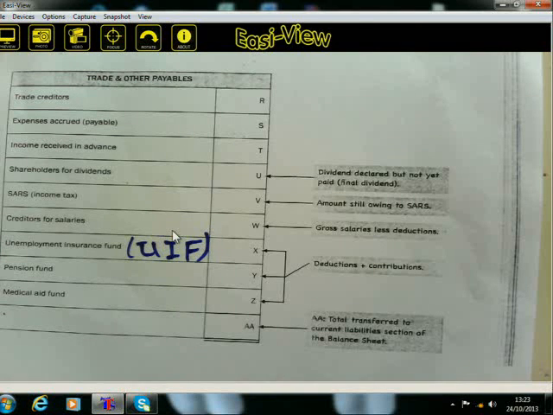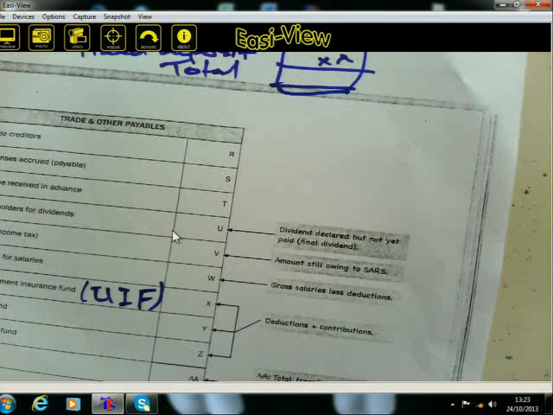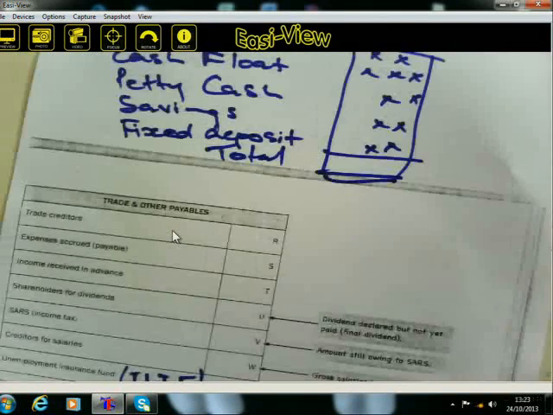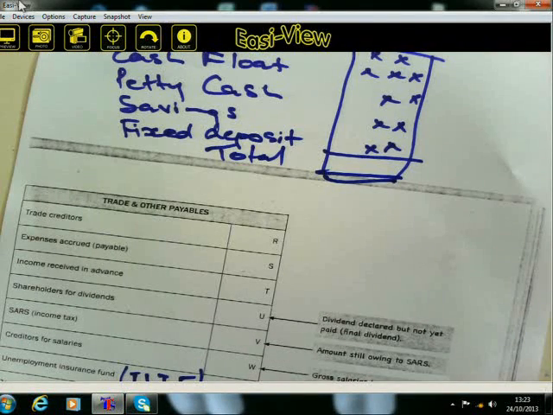I would like us to do an activity so that we put whatever I've said into practice. Let's start with the trade and other payables. I'm having a question paper here.